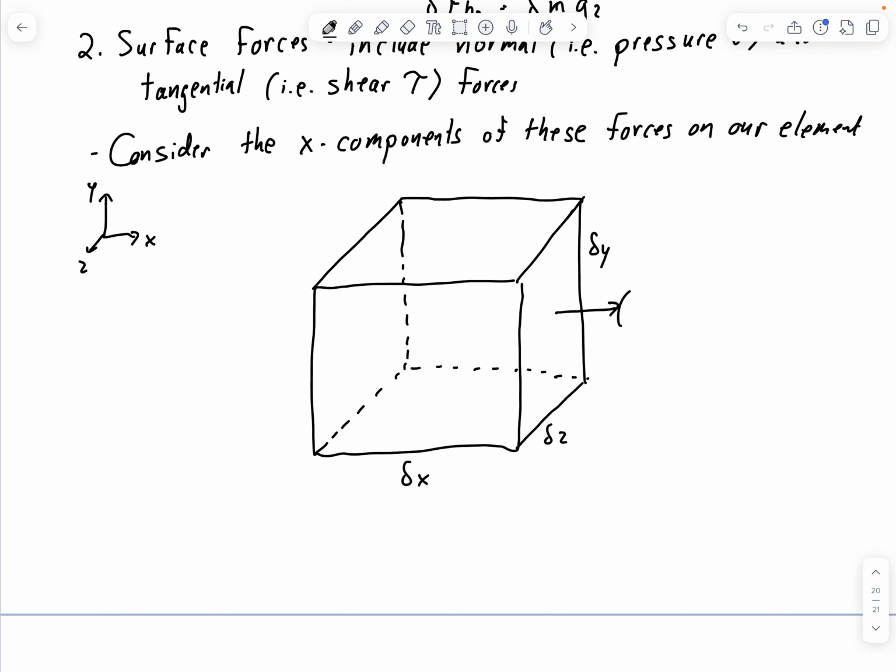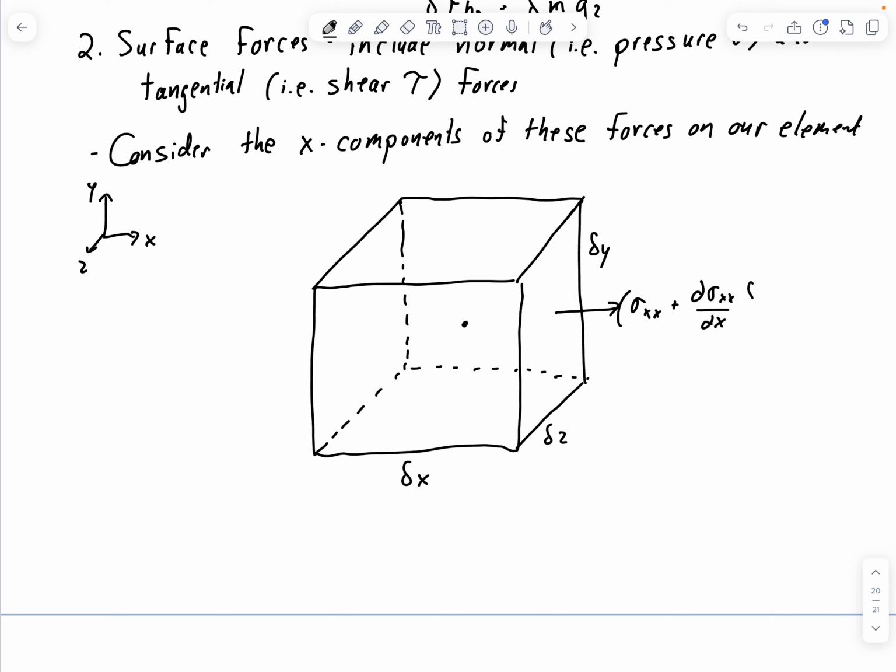This is going to be sigma xx plus del sigma xx by del x times delta x over 2. Sigma xx describes the stress at the center of this cube, and the del sigma xx by del x term describes how that stress is changing in the x direction.